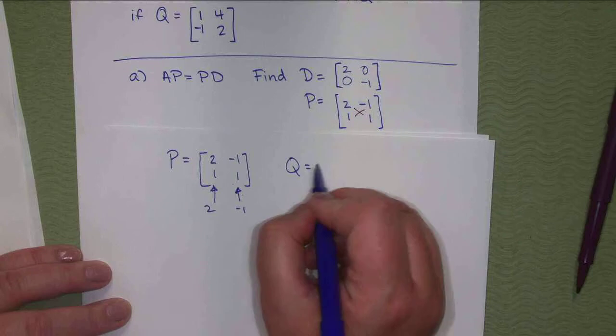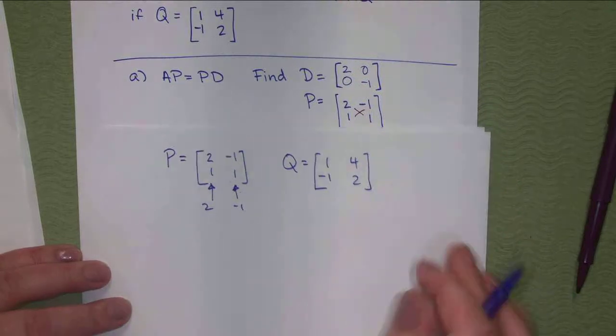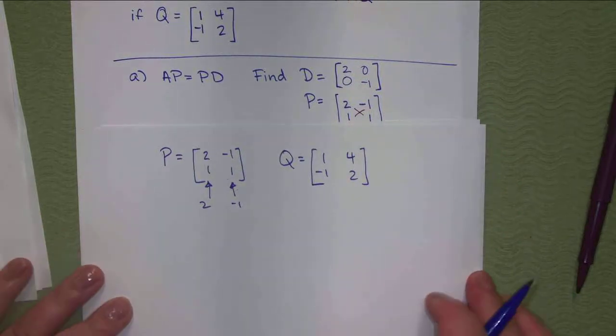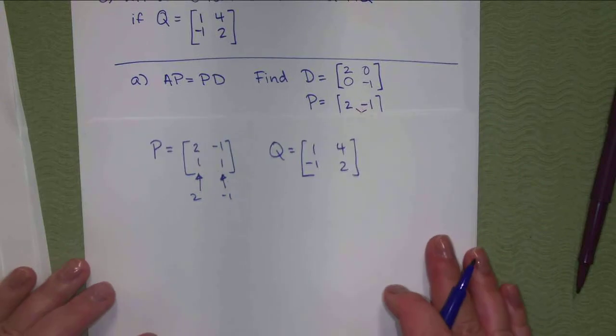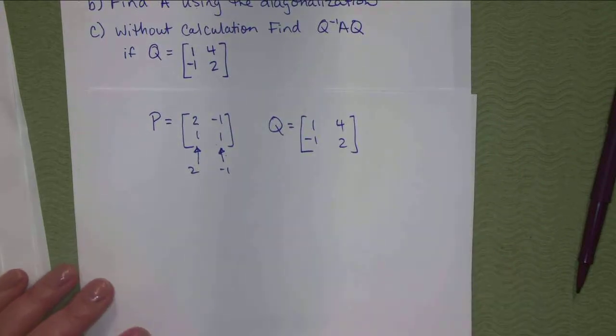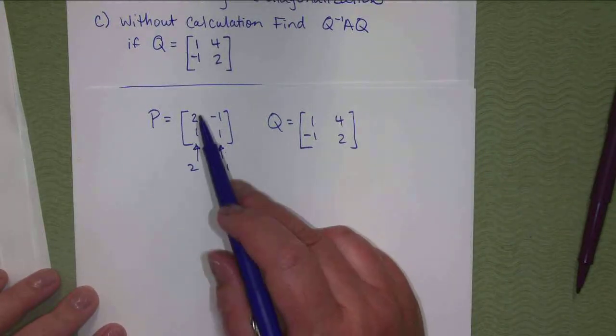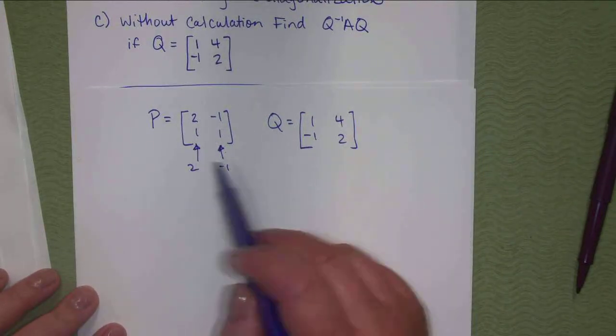And now we're given a Q, which has to be either multiples of the eigenvectors or rearranged.